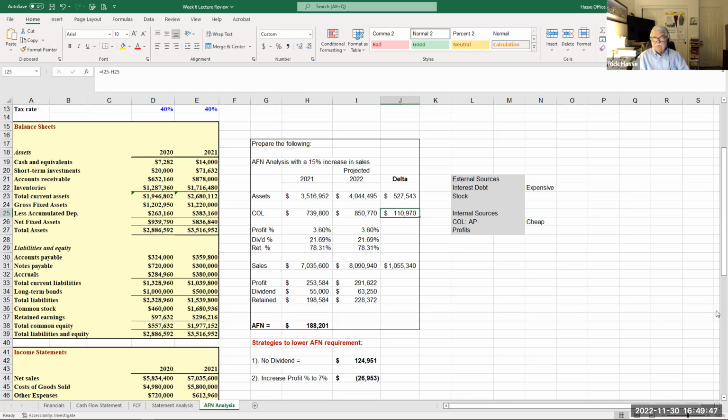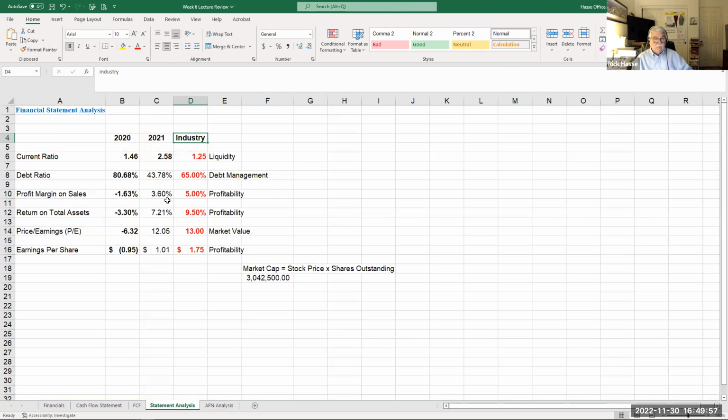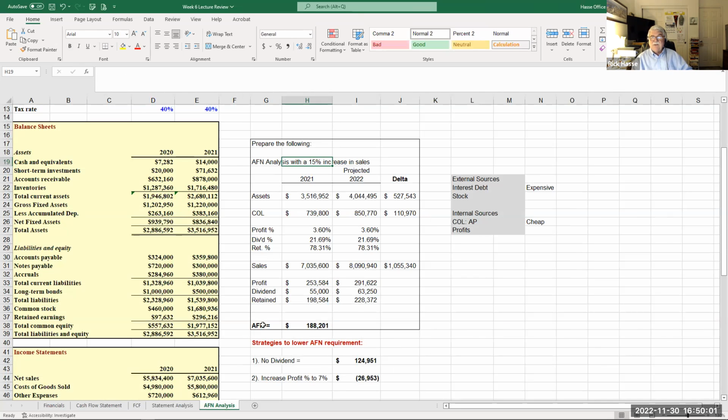So let's say we're projecting a 15% increase in sales. And notice, what is our profit margin in 2021? Remember, we determined our profit margin was 3.6%. Let's say the company is projecting we want to maintain that 3.6% profit margin in the coming year. All right.